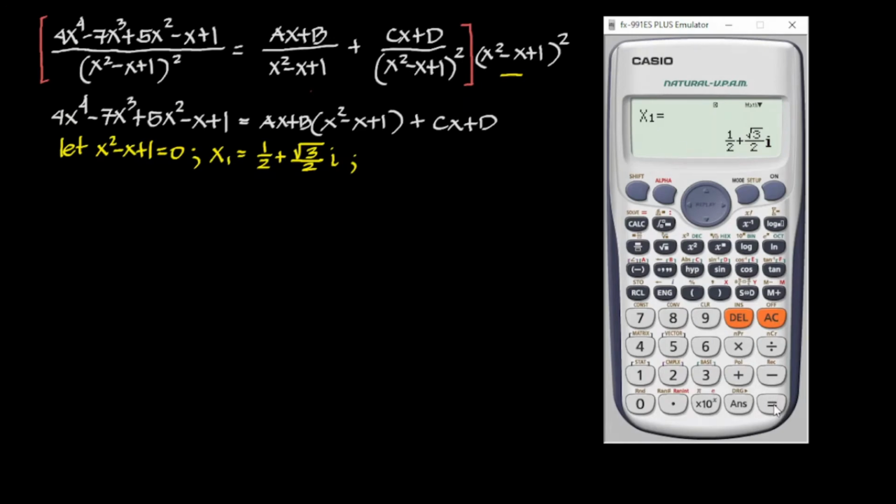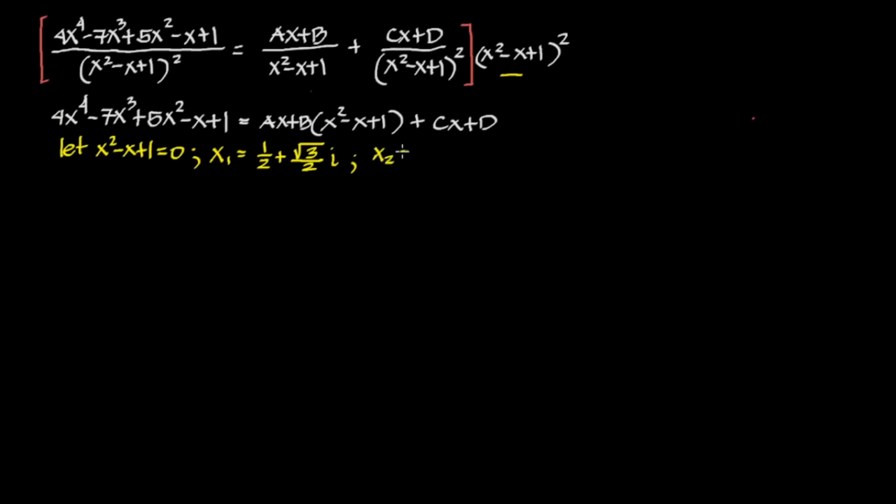So, yung isa is negative lang. So, lagay natin dito, we have x sub 2 is equal to 1/2 minus the square root of 3 over 2 times I.